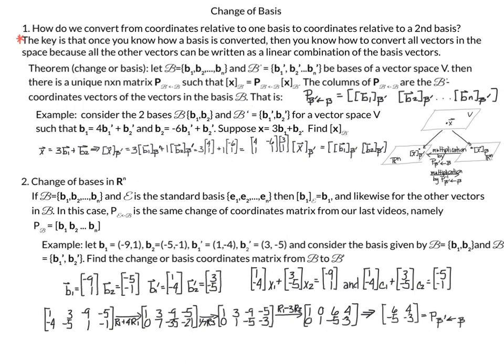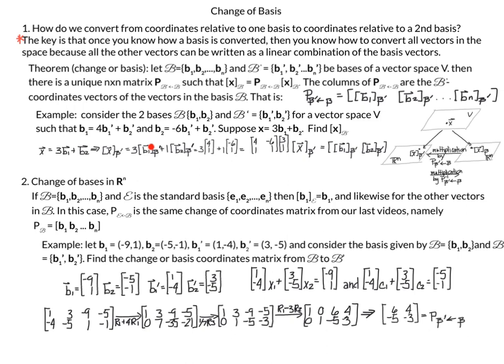So here we know how the basis vectors in B get transformed to B prime. That is, b1 is transformed into 4b1 prime plus b2 prime, and b2 is transformed into minus 6b1 prime plus b2 prime. This is all we need to know, because now if we want to transform another vector written in terms of B, that is x equals 3b1 plus b2, then we take 3 and rewrite b1 in terms of b1 prime, and we write b2 in terms of our new coordinate system B prime.